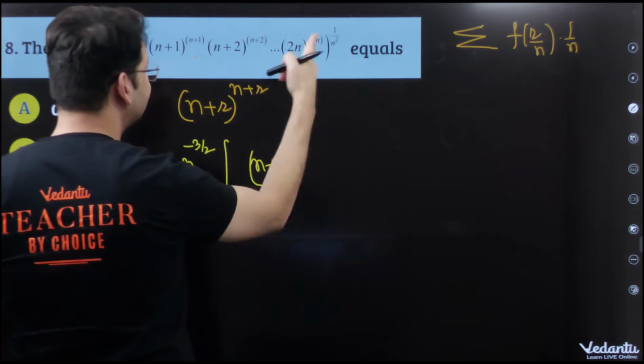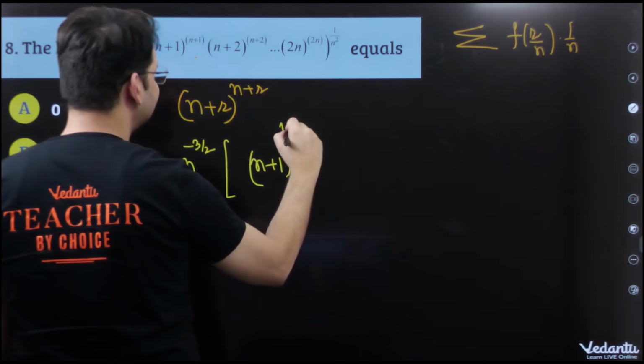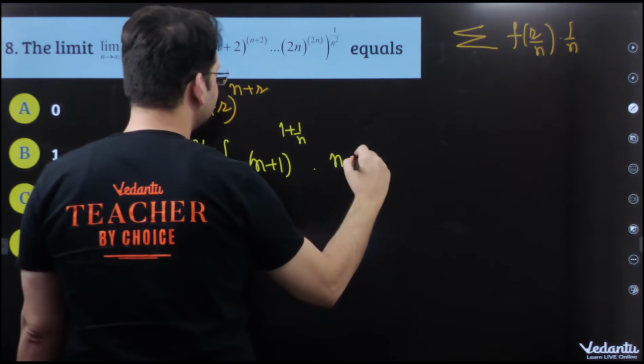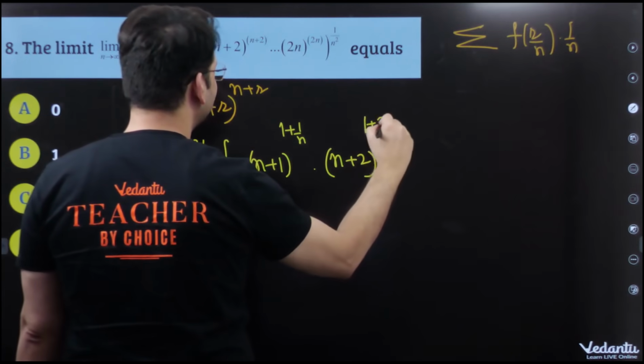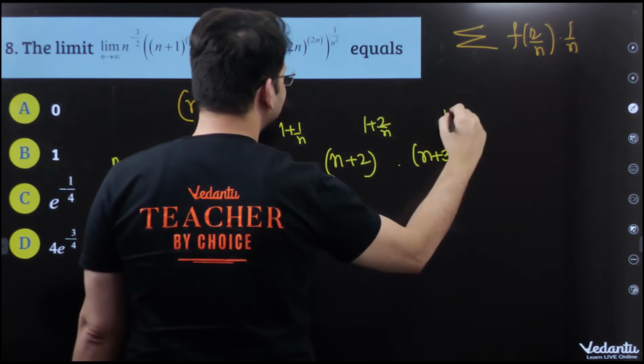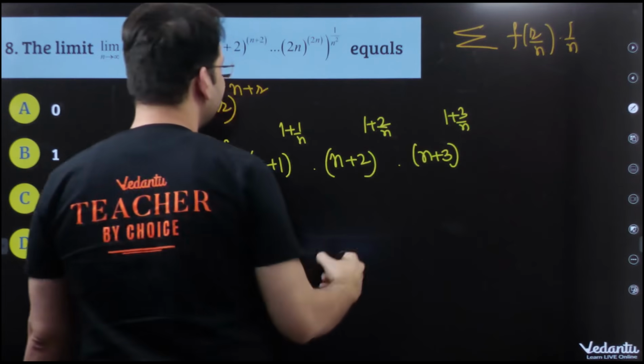So it will be n plus 1 by n, that is 1 plus 1 by n, into n plus 2 raised to the power 1 plus 2 by n, n plus 3 raised to the power 1 plus 3 by n, and so on.